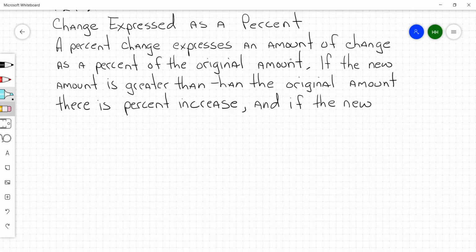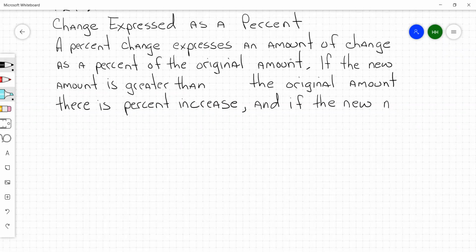If the new amount is greater than the original amount, there is percent increase.